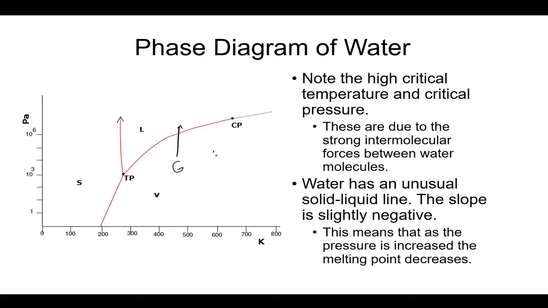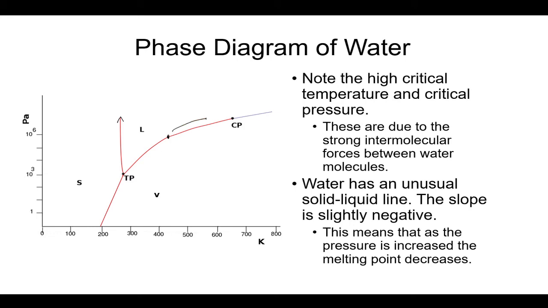If you're here in the gas phase at 580 Kelvin, increase the pressure, you can make it a liquid. And you can keep doing that. But beyond this critical point, right, if you're at this temperature and you try to compress it and increase the pressure, it never turns into a liquid. It just remains as this supercritical fluid. And usually that's not the case. Usually this critical point is going to be a much lower temperature, somewhere around here.